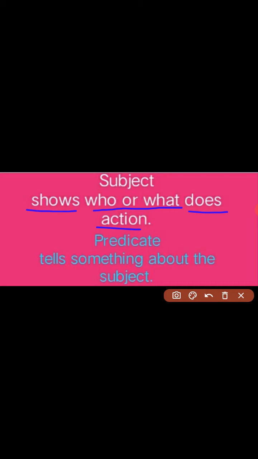Then what about predicate? Let us see what a predicate is. A predicate is also a part of a sentence that tells something about the subject. It means whatever information about the subject is given in the sentence, that information is called the predicate in that sentence.